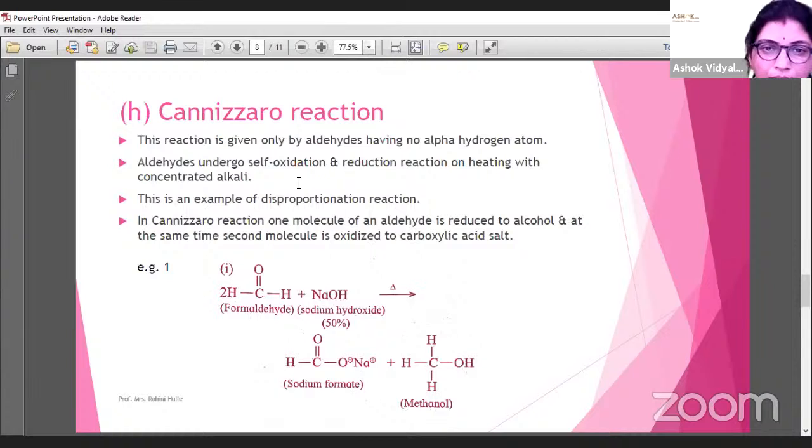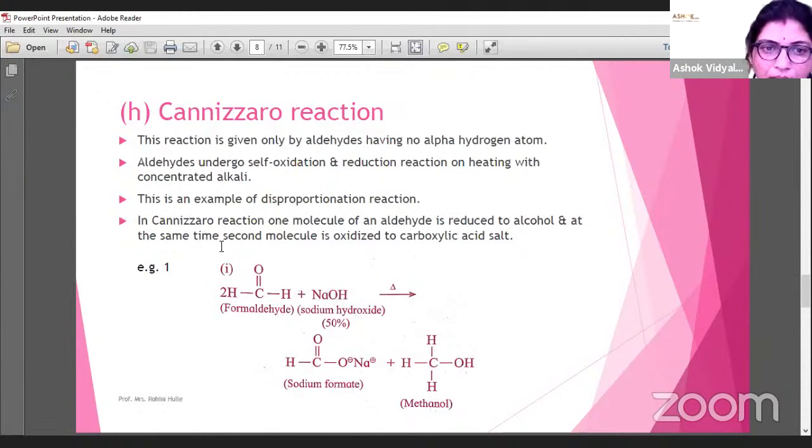This is known as self-oxidation reduction reaction. So Cannizzaro's reaction is also known as self-oxidation reduction reaction. This is an example of a disproportionation reaction.